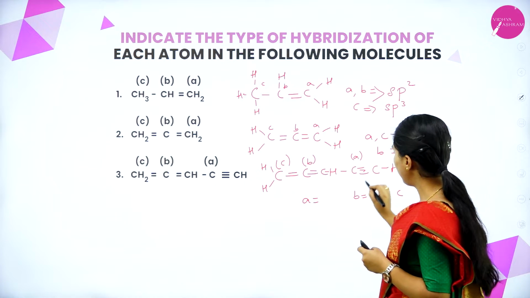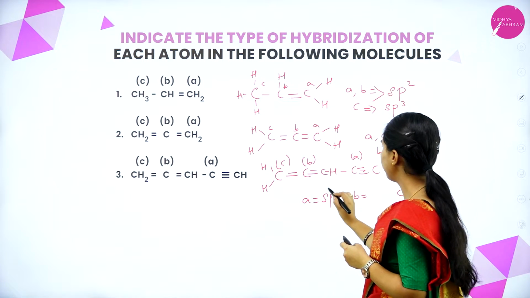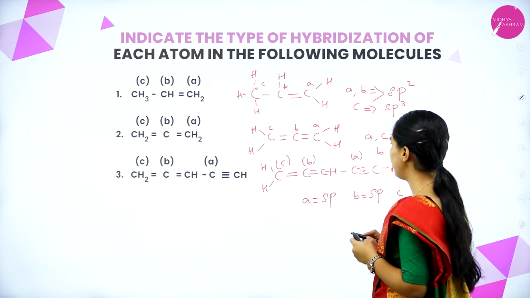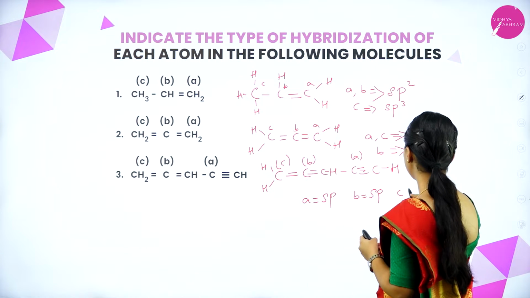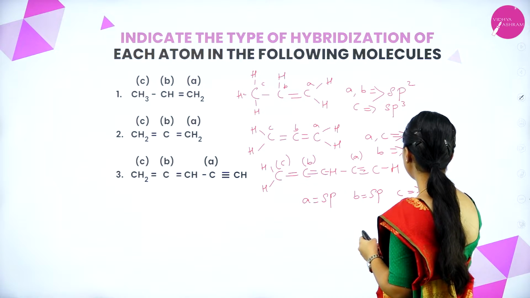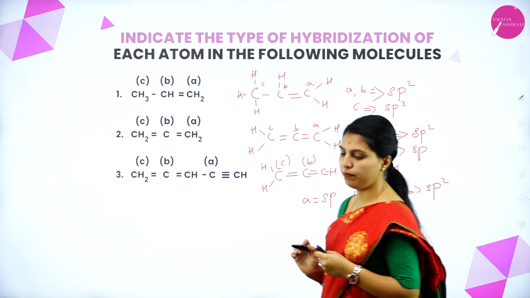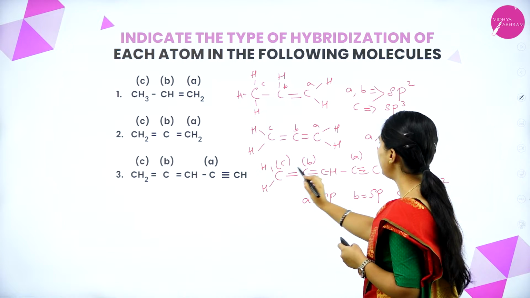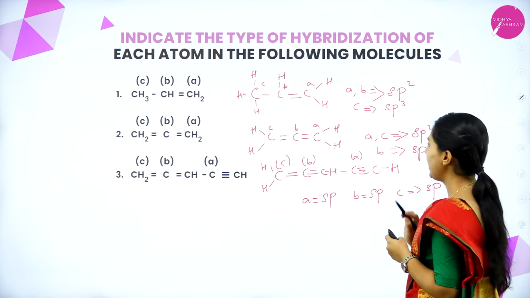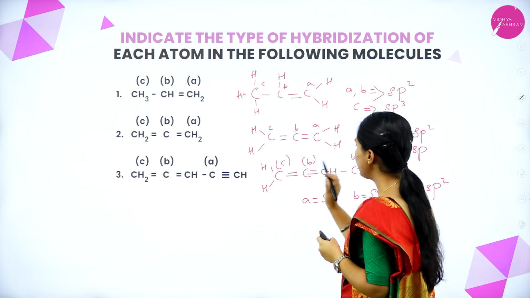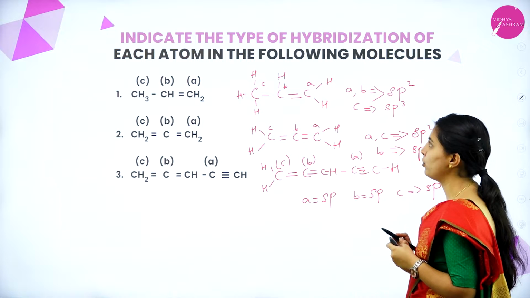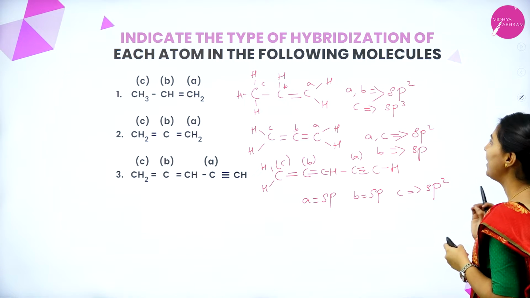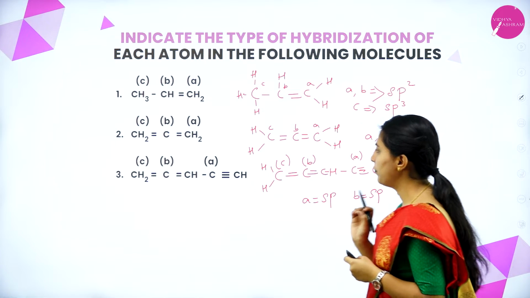A has a triple bond, that's why sp. B is once again sp because a double bond is present on two sides, and C will form sp2, because it has a double bond on one side. This is how you indicate the hybridization of each atom in the following molecules.